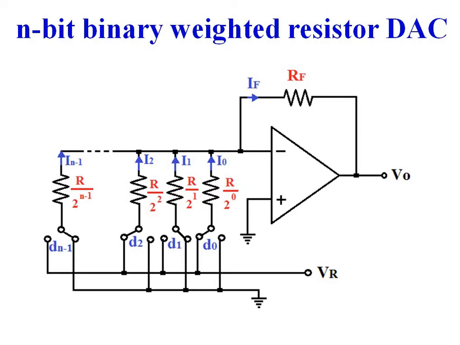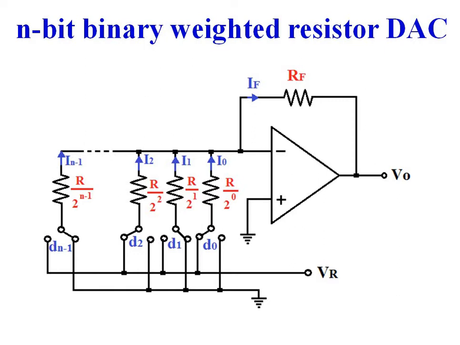Let us consider the diagram of an n-bit binary weighted resistor digital to analog converter. So basically, this is an inverting summing amplifier. Resistors R by 2 raised to 0, R by 2 raised to 1, R by 2 raised to 2, to R by 2 raised to n minus 1 connect various inputs D0, D1, D2, Dn minus 1 respectively to the inverting input of the operational amplifier.